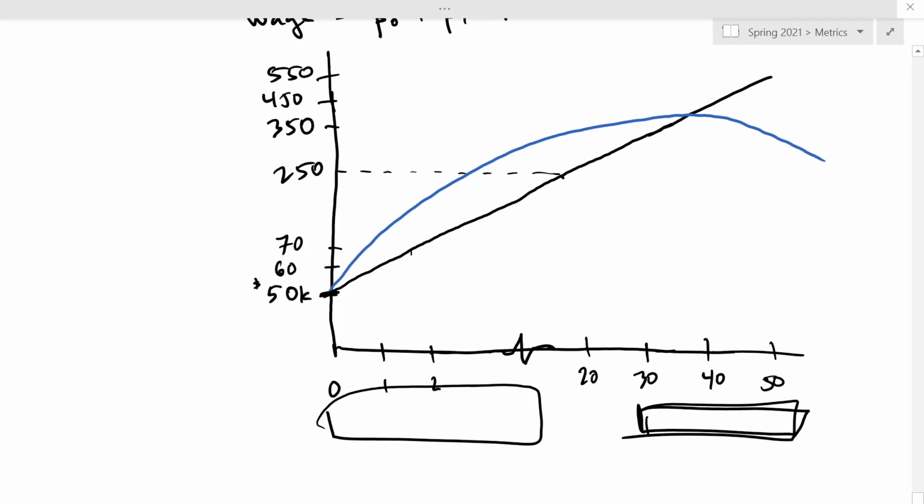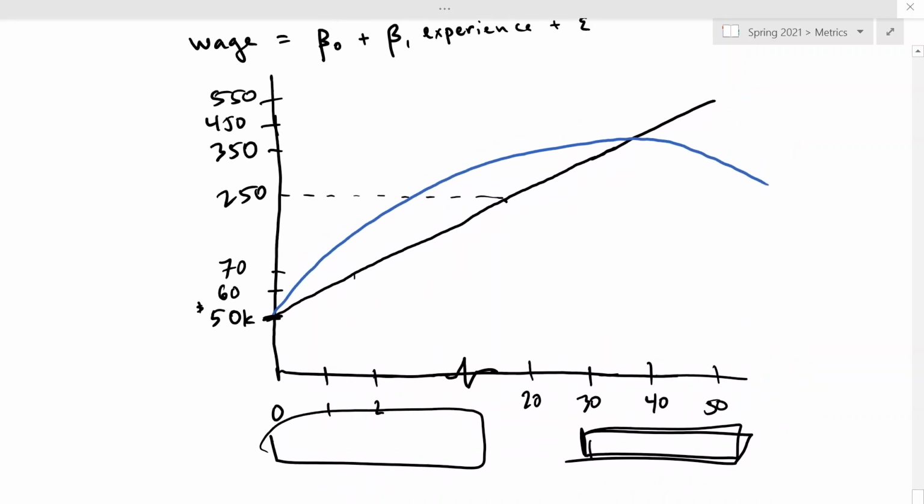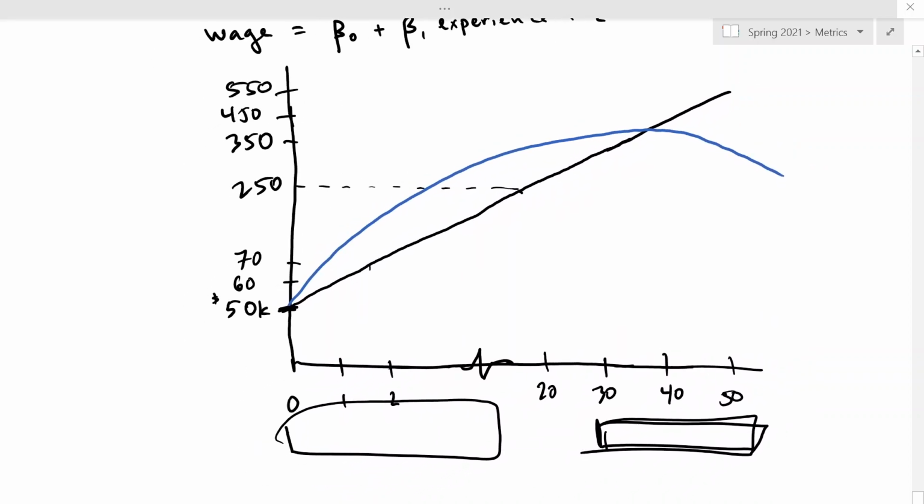So this blue line is a quadratic function, and that can be modeled by adding a squared term into the equation.